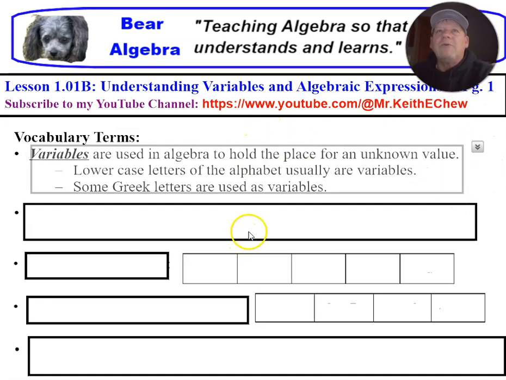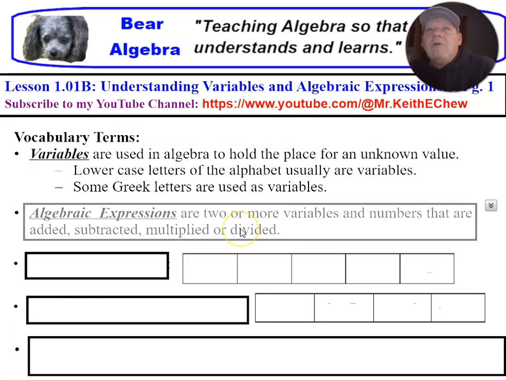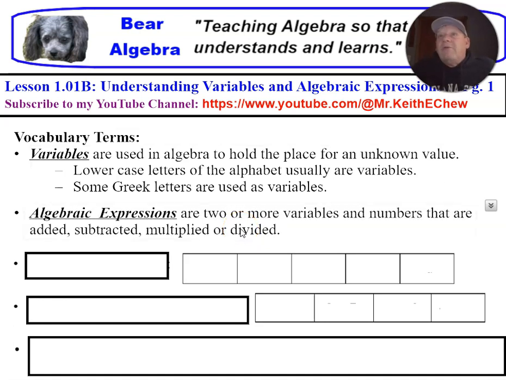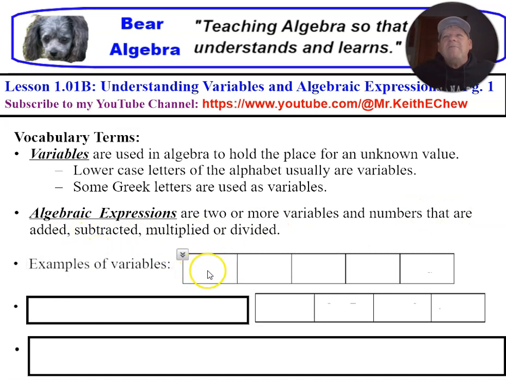So we went through terms and we talked about variables being letters of the alphabet, either the English alphabet or the Greek alphabet. And then we talked about the variables being lowercase letters as a rule. Then the algebraic expressions are variables and numbers that can be added, subtracted, multiplied, or divided.